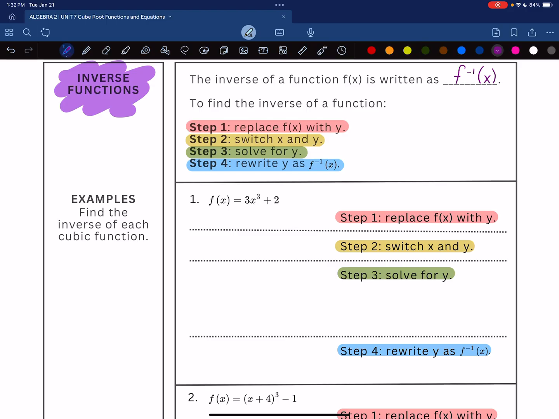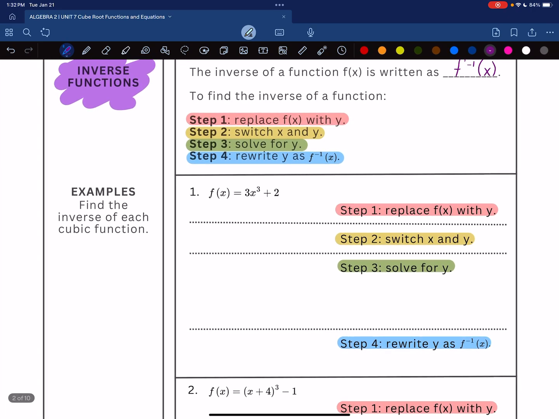Step number 1, instead of f of x, we're going to replace that with a y. So that looks like a y right here. And then the rest of our equation stays exactly the same. That is step number 1.